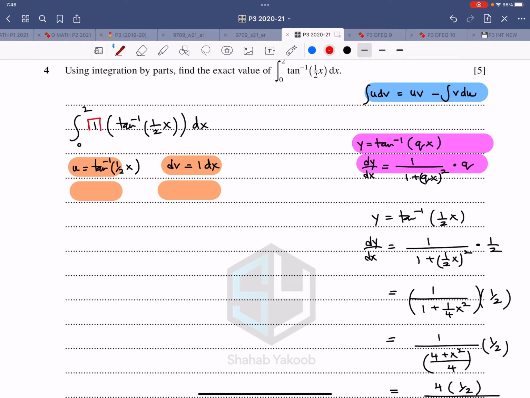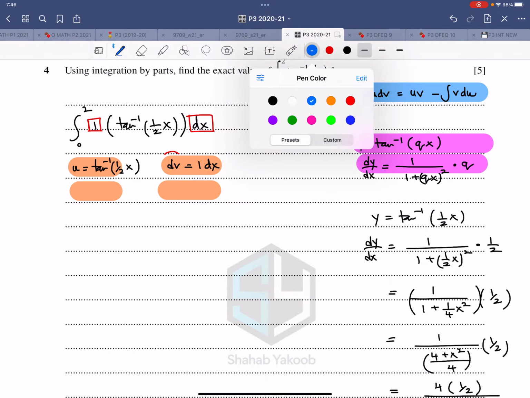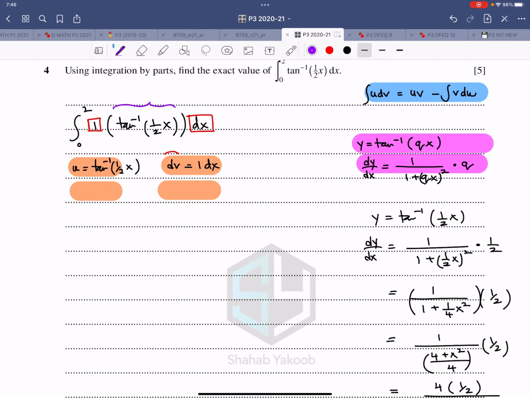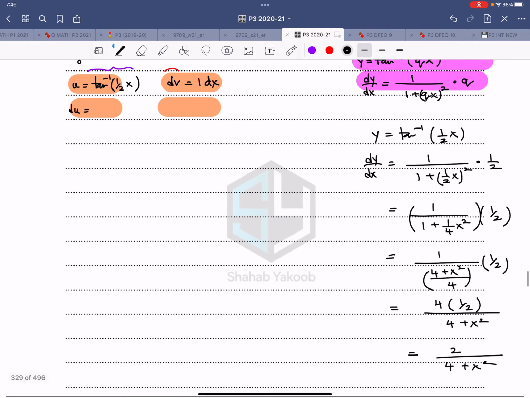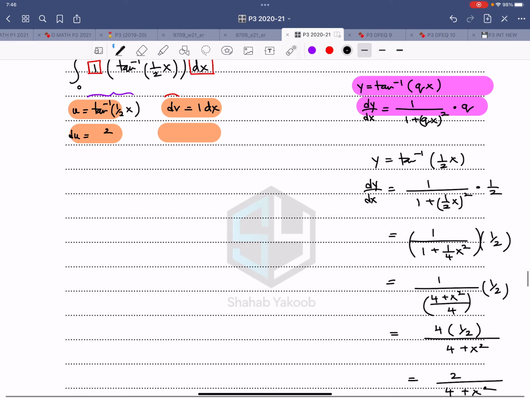This is your dv, and this one is your u. So therefore du is already simplified, that's 2 over 4 plus x squared, and v is x. Now follow the arrows, this goes like this, this goes like this.